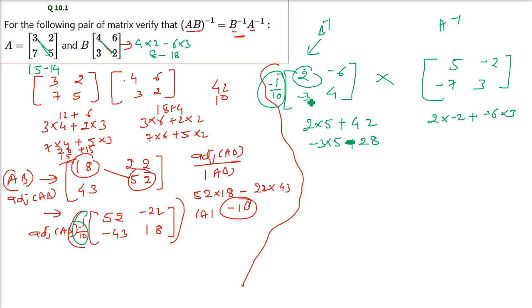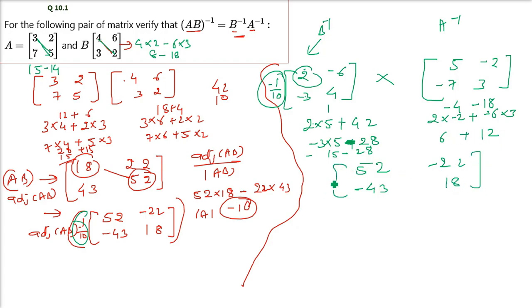Now minus 3 into minus 2, and this is going to be 6 plus 4 is 10. 10 plus 42, 52. And this is going to be minus 4. Minus 18 minus 22. Minus 15 minus 28, that is going to be minus 43, and 6 plus 12 is 18. So this is B inverse A inverse, and minus 1 by 10 was already there.